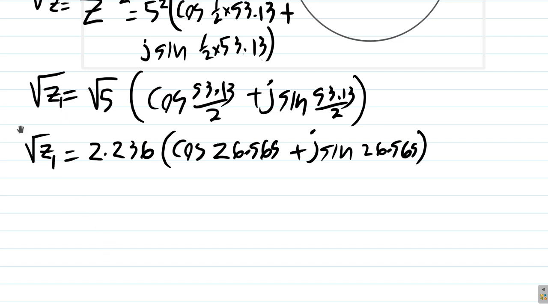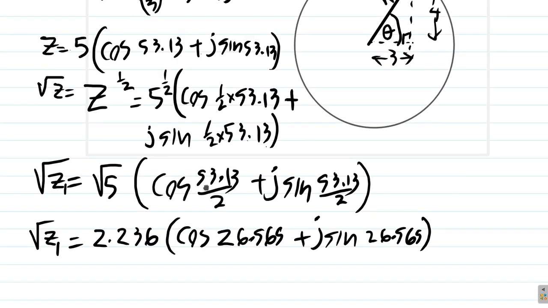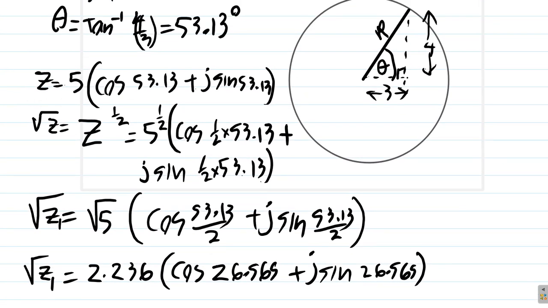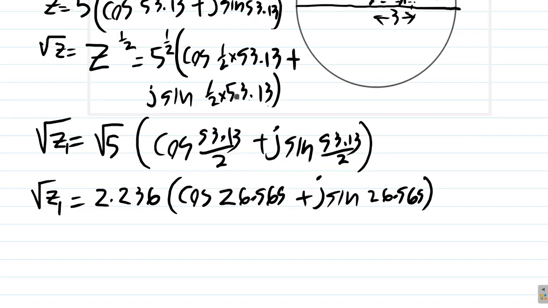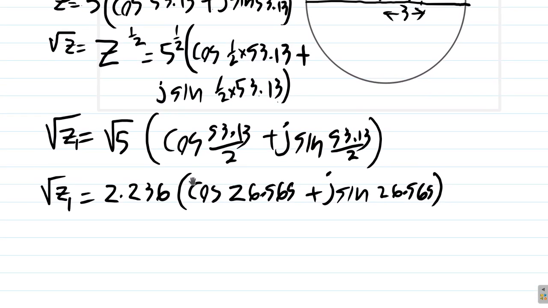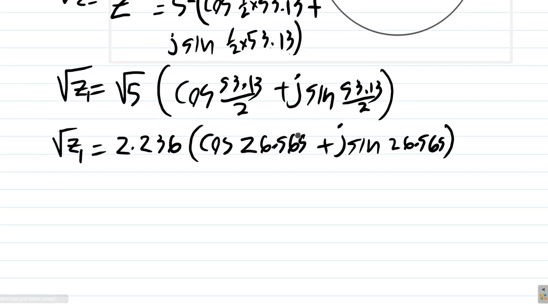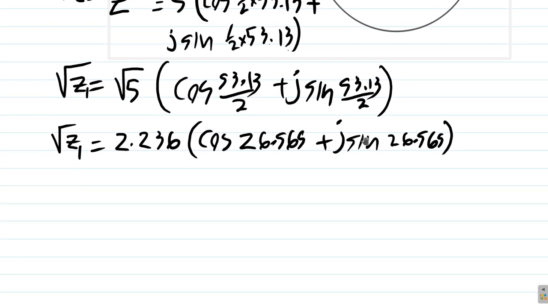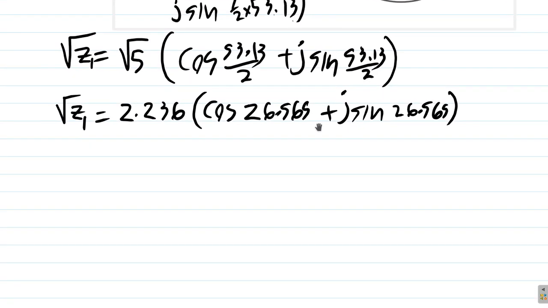We'll have 2 square roots because the circle is divided into 2 parts to find the square roots. We'll soon turn this back into rectangular form. But let's find the square root number 2. So the square root of z number 2.